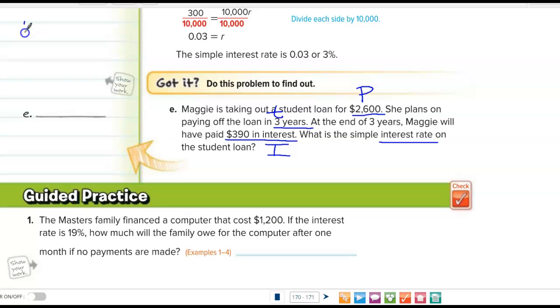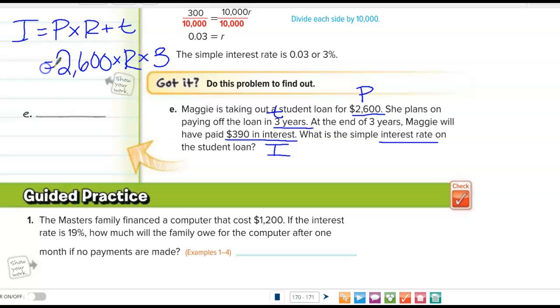So again, my equation is I equals P times R times T. My P is 2,600. My rate we don't know, so we write R. And my time is 3 years, so I can write 3 because it's in years.